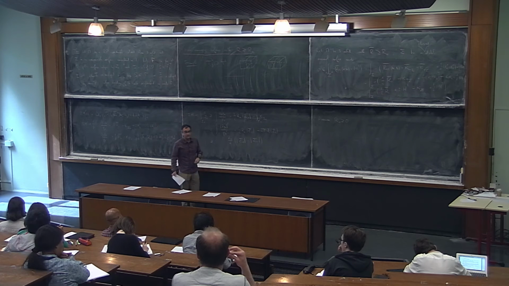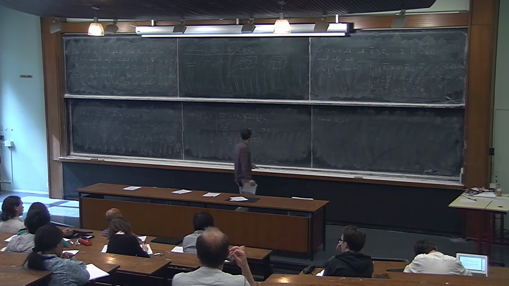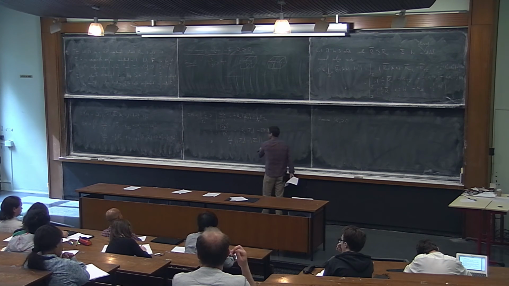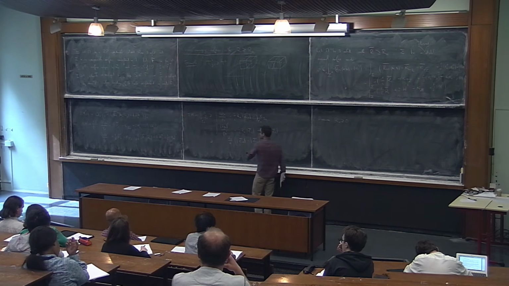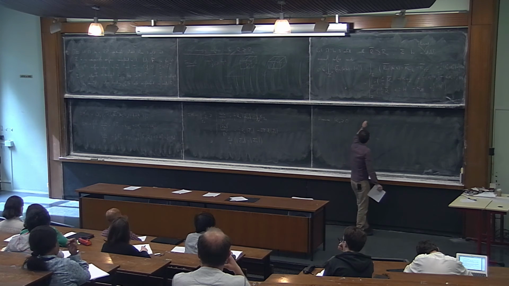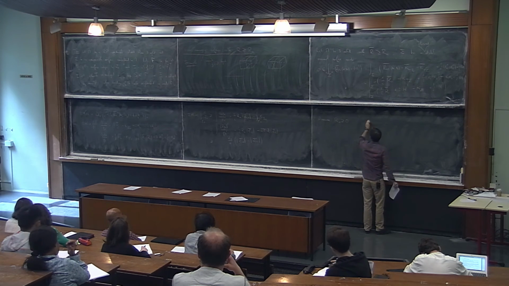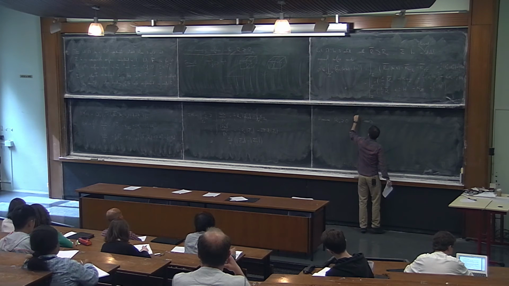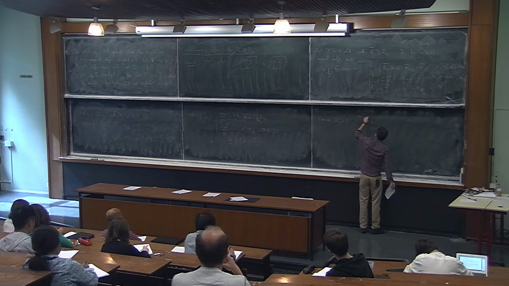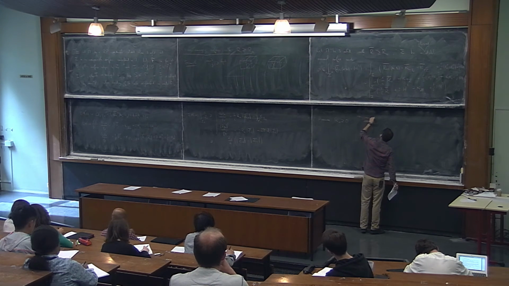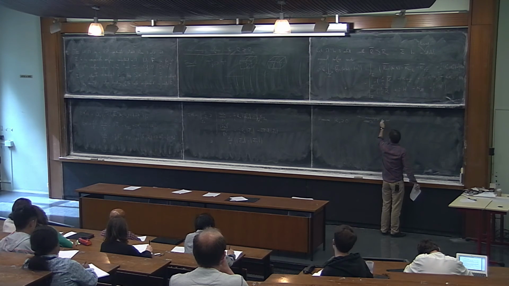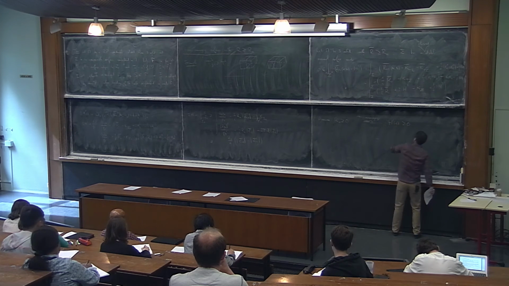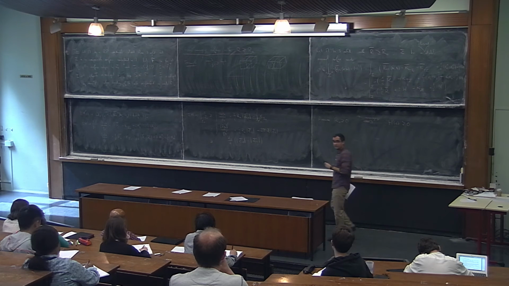So I use the fact that sigma naught is area minimizing. So this quantity is non-negative. This is non-negative, so everything is non-negative. So this implies, because I use area minimizing, that H prime of S is non-negative.